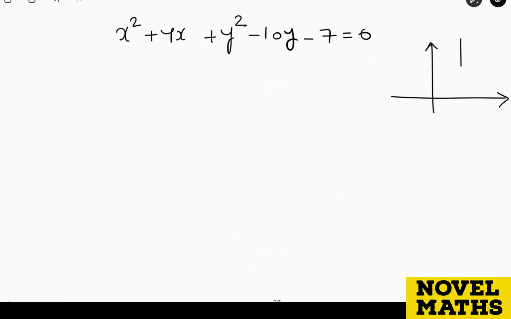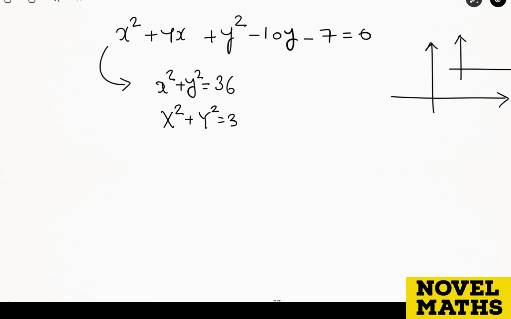And we don't know where this origin will be shifted, but there is a set of x and y axes on which the equation is like this: x square plus y square is 36, right? These two equations are given. When you change the equation, the reference point is also changing. All right, so you write like this.